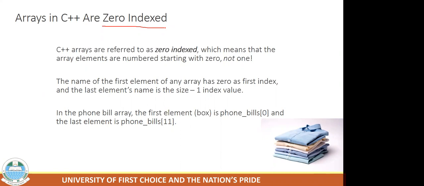But in an array, we always start with what? The 0 index. So C++ arrays are referred to as zero index, which means that the array elements are numbered starting from 0.